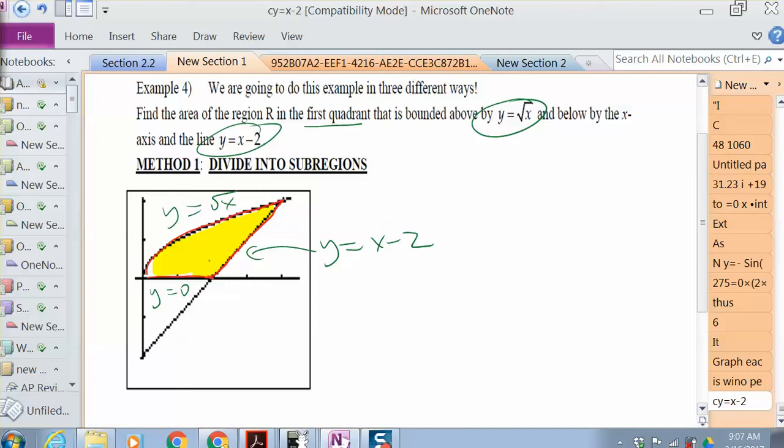So what we're going to do as one technique, and we're going to do 3 techniques for this particular situation, is divide into subregions. And here's how we'll do it. I'll use blue. So we're going to break this into 2 regions, and actually, I'll shade one of them a little differently.